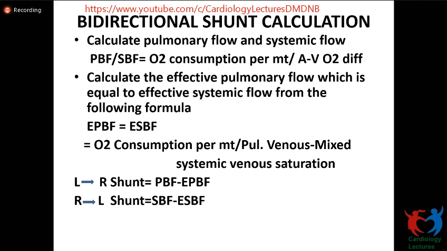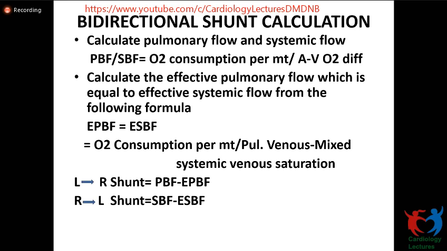Effective pulmonary blood flow is the flow which is finally going into the pulmonary circulation and is getting oxygenated. Very good. The part of the blood which goes to the pulmonary circulation and gets oxygenated is the effective pulmonary blood flow. For example, if there is a shunt coming from the left atrium to the right atrium, that is already oxygenated blood.